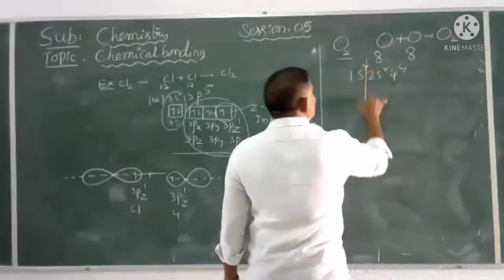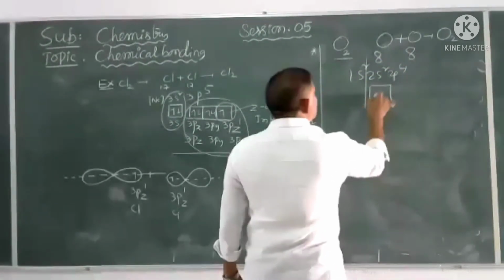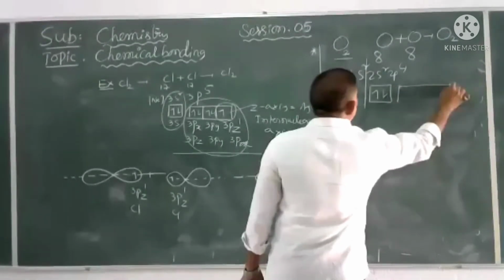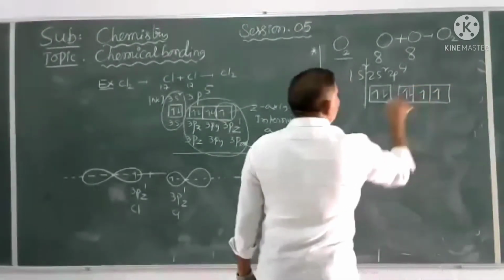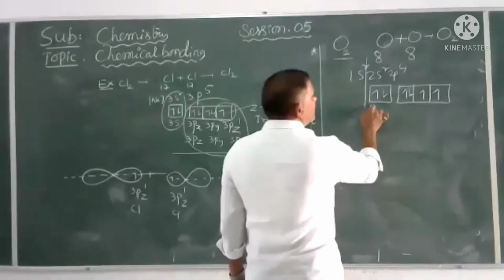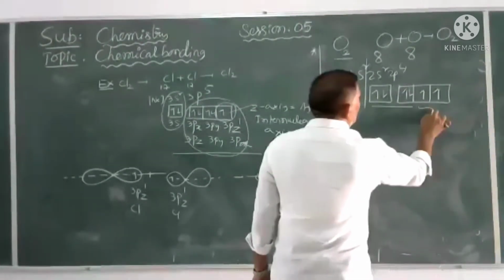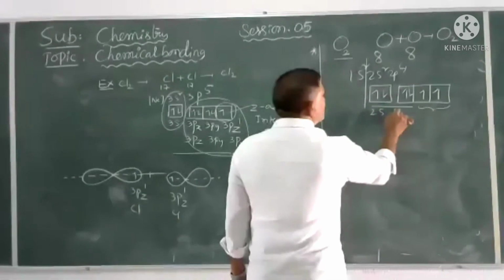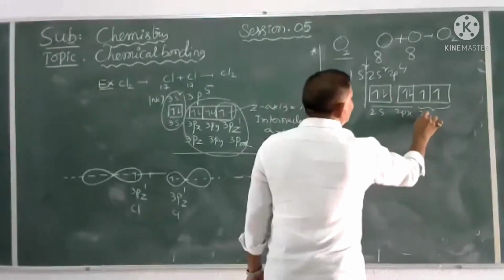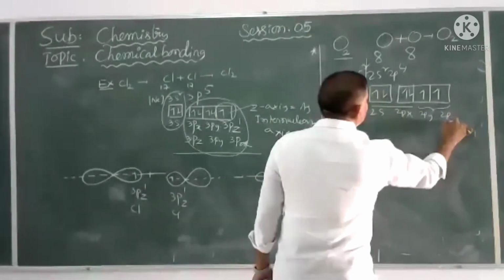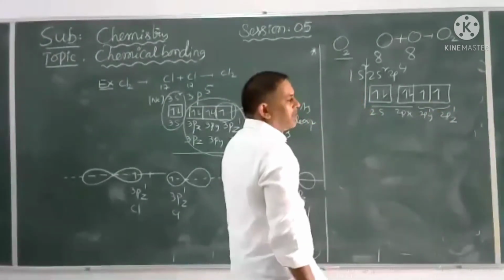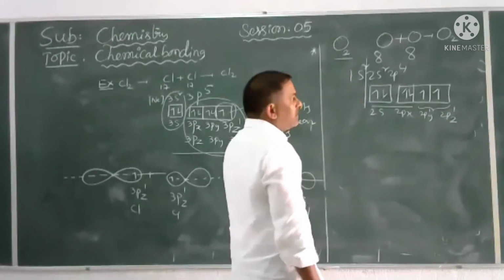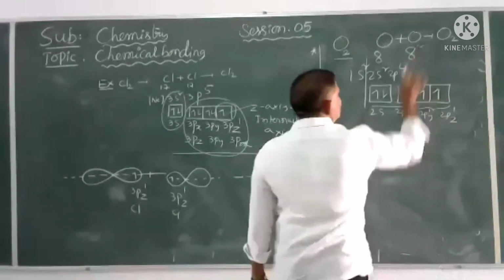In the outermost orbit there are 2 electrons and 4 electrons. Two of these are paired, but two are unpaired. The orbitals are 2s, 2px, 2py and 2pz. In 2py and 2pz, each has one unpaired electron. Similarly, the other oxygen atom is the same.